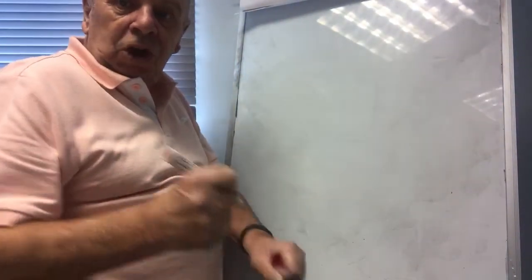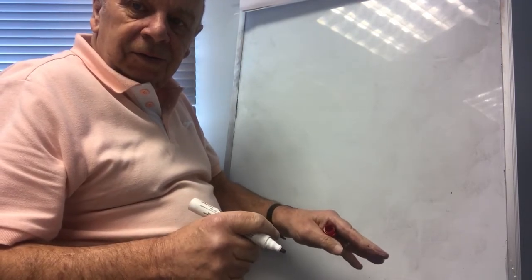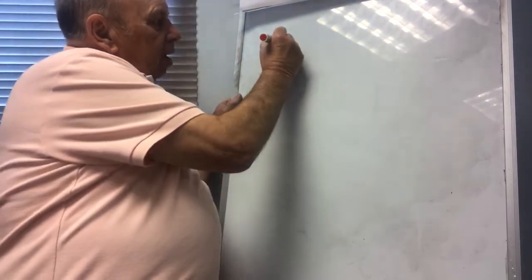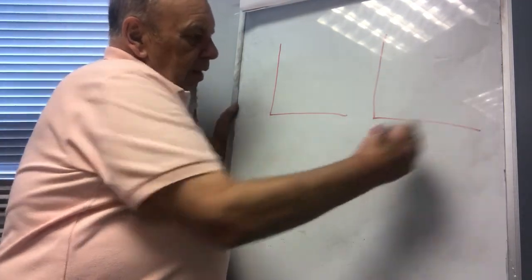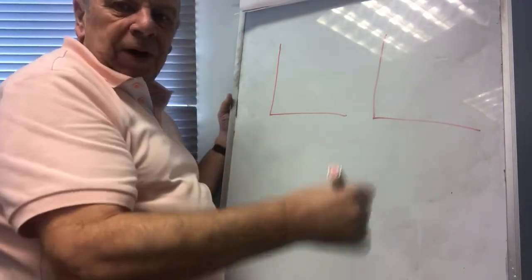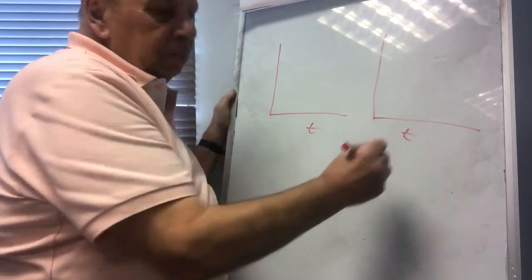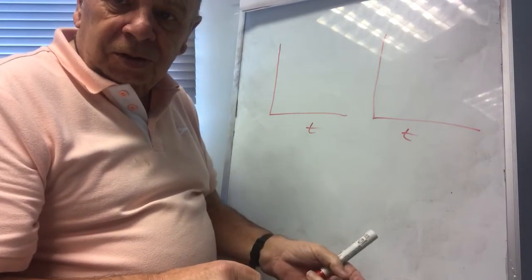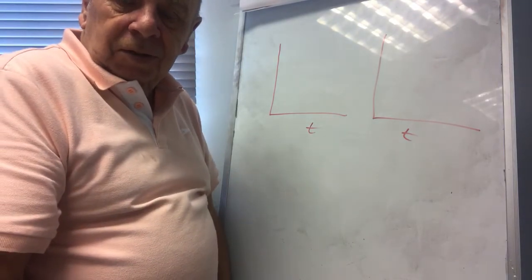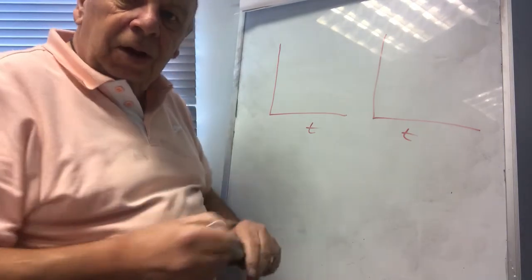Now, let's look at graphs or charts of the reactants and the products in a reaction. Rate, by the way, is always to do with time. Suppose I'm taking a reaction which produces a gas. That could be magnesium plus acid producing hydrogen.